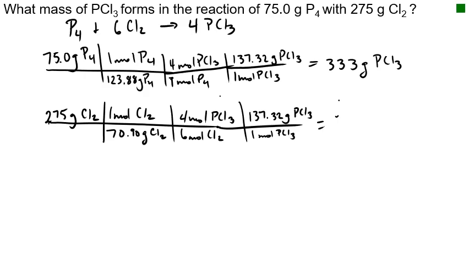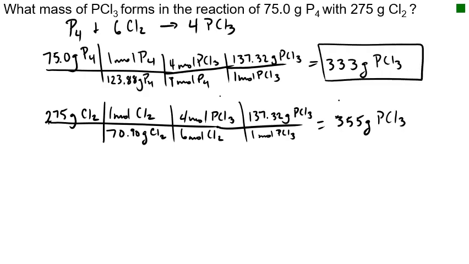And when we solve that, you end up with 355 grams of PCl3. Now, since the 75 grams of the P4 produce the smallest mass of the PCl3, we know that will be our limiting reactant, and what we would have for the Cl2 would be the excess.